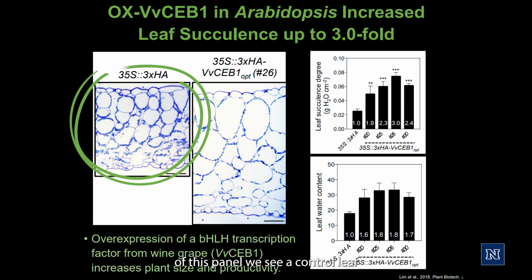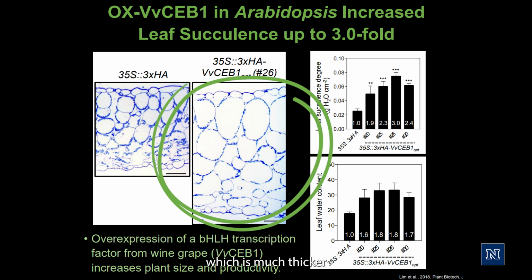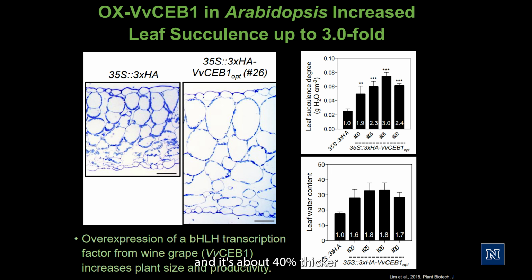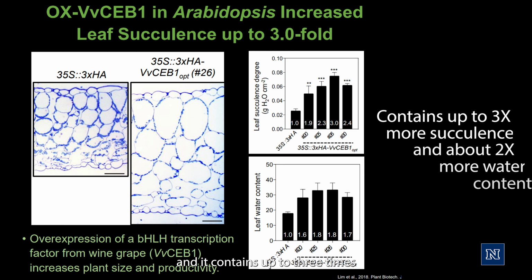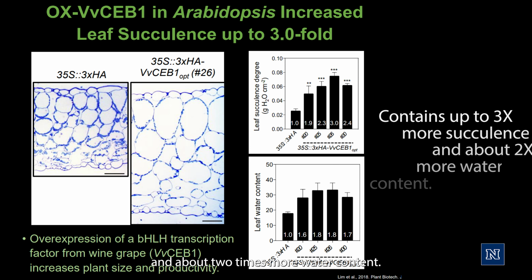We see a control leaf, and on the right a leaf which is about 40% thicker, and it contains up to 3 times more succulence and about 2 times more water content.